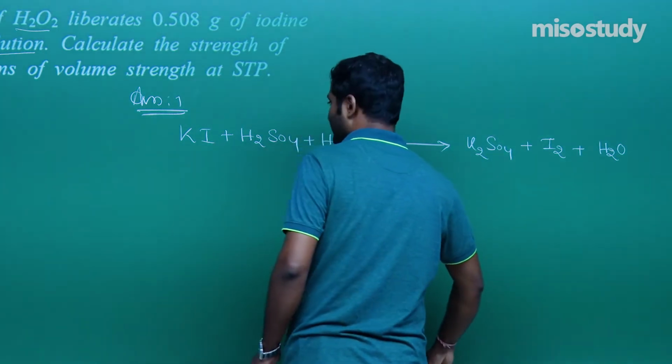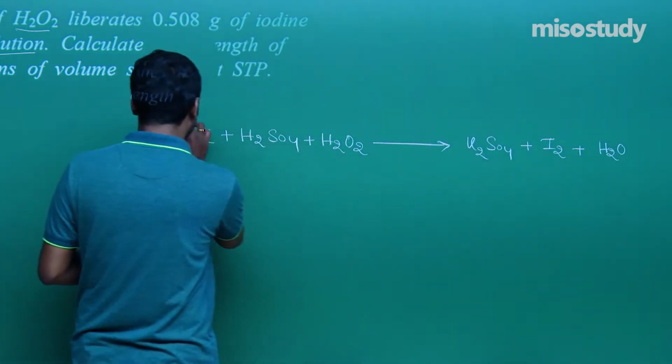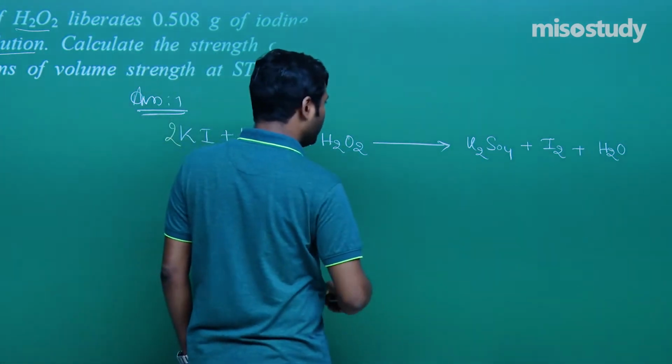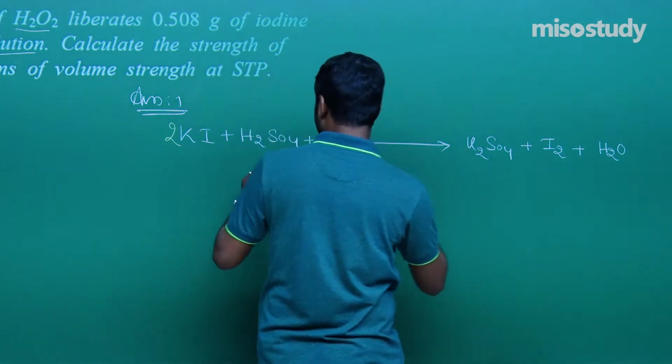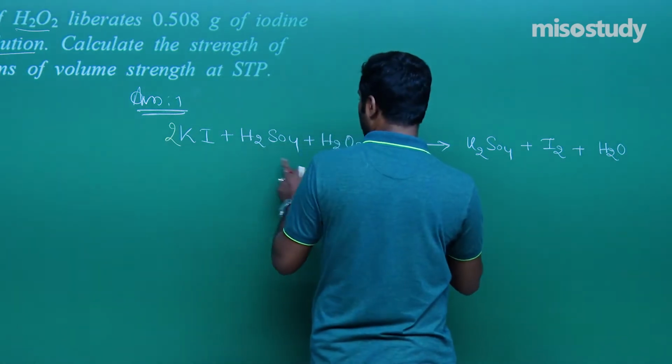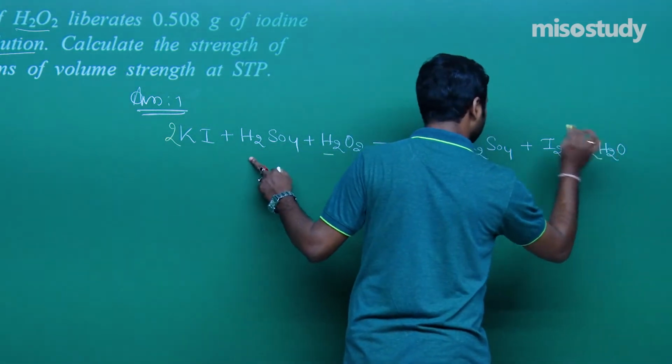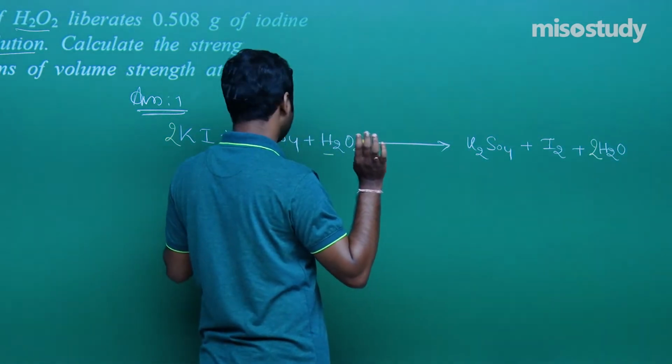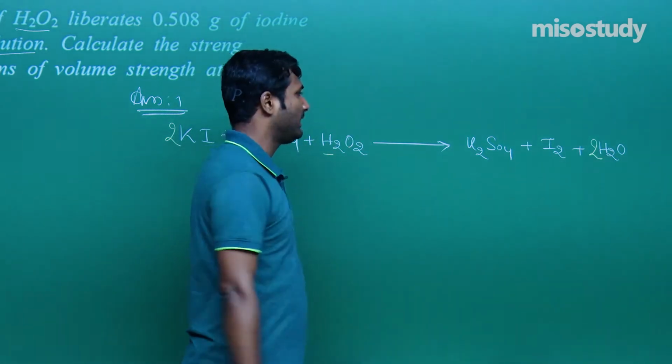This is the reaction. Now balance here, put here 2 KI, K2SO4, hydrogen is H2 and O2, 2 to 4, put here 2. Now completely balanced reaction.